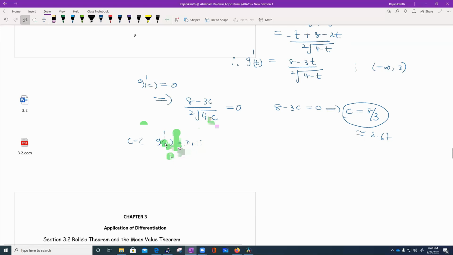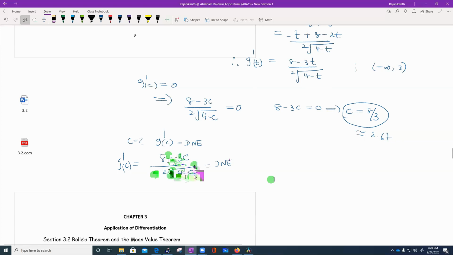Remember, my g prime c is nothing but 8 minus 3c over 2 square root of 4 minus c. This is my g prime c, this is my g prime t. I'm asking you, could you find one c value where this does not exist? For which value of c will this be undefined? Undefined means the denominator should be 0, right?